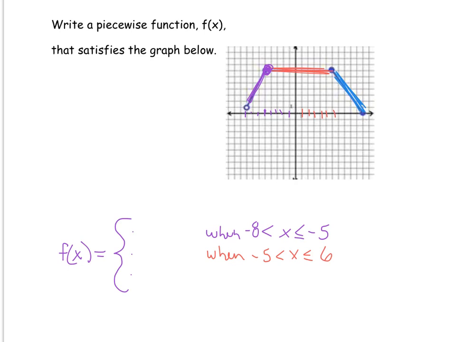Now notice, since these connect right here and right here, one of those points has to be closed, so we have to have the equal sign like I chose right there. The other one needs to be open without the equal sign. We can't have it defined at both of those values. Ultimately it's going to end up the same either way.